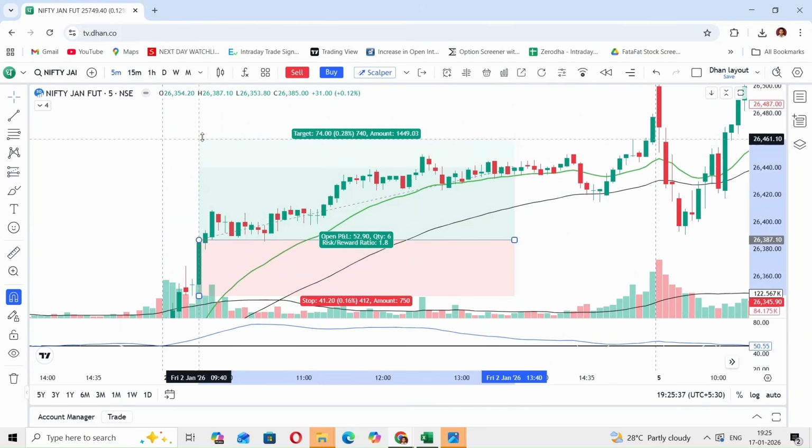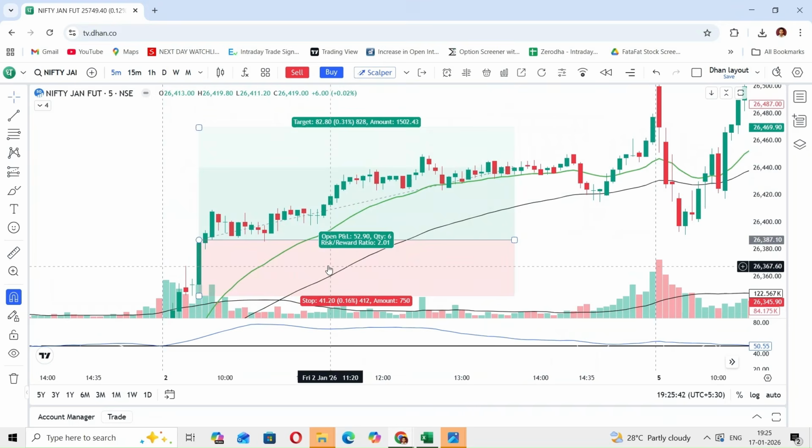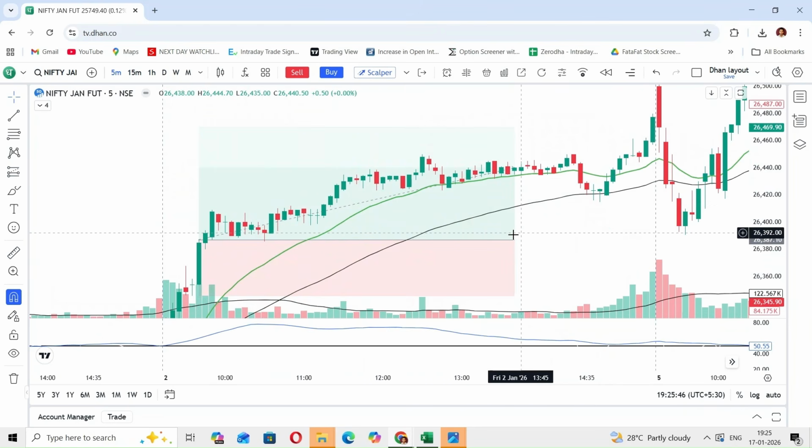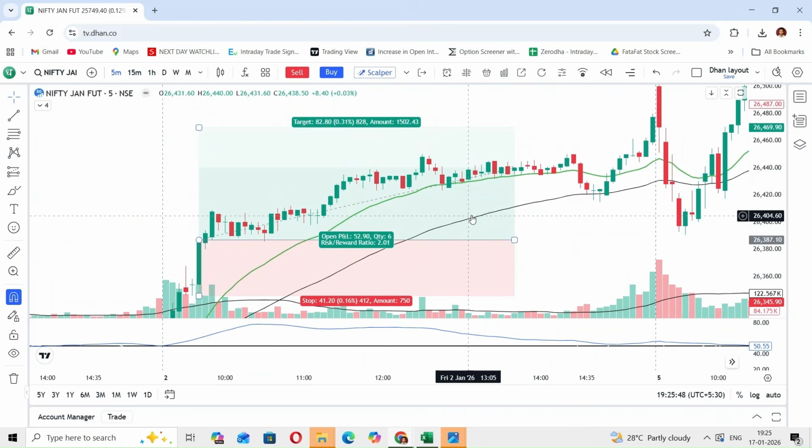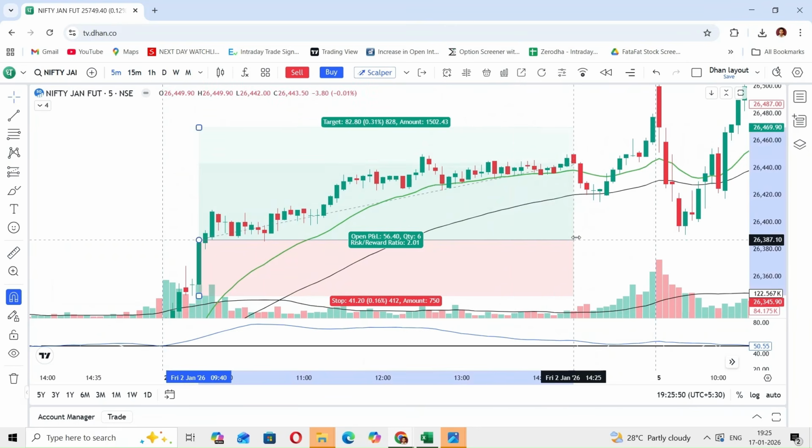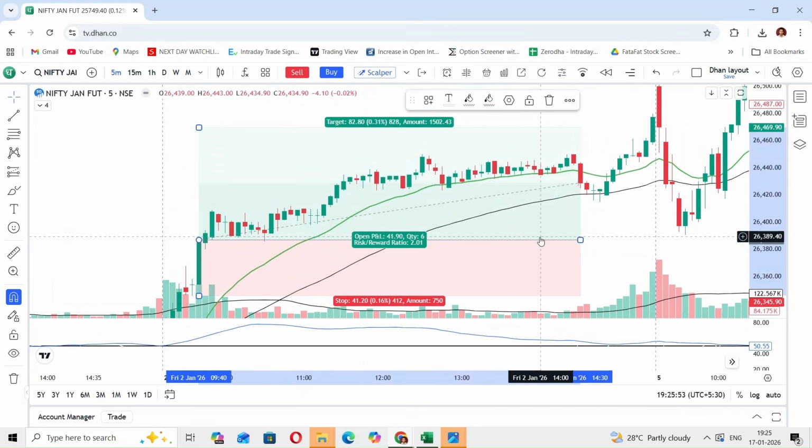But I guess you don't get 1 to 2 here. What has happened? Your candle closed below the 20 MA. This 2 p.m. candle closed below the 20 MA, so I will exit at the low of this particular candle. Still it is fine, I got a 1 to 1.25 kind of profit here.